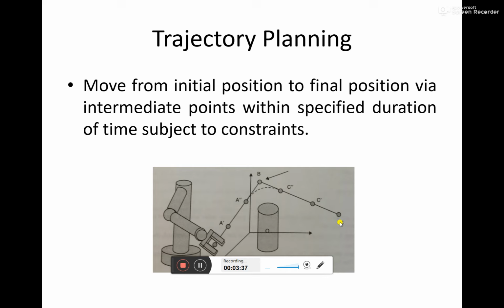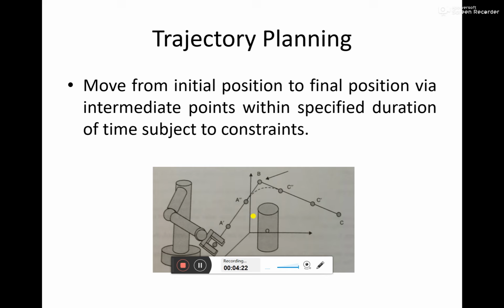It has to reach point C, and as a constraint, in between A and C you can see there is an object, this cylindrical object. The robotic manipulator arm should not hit this object. Without hitting this object, it has to reach from point A to point C. This kind of planning of the movement of the robot we call trajectory planning.